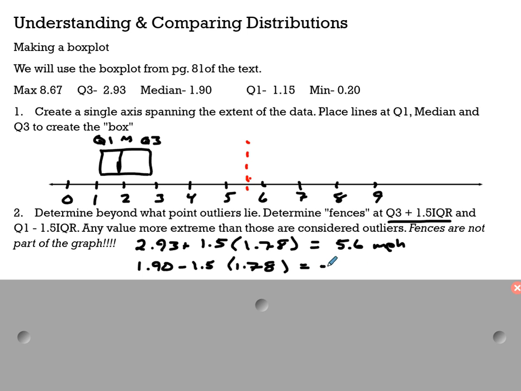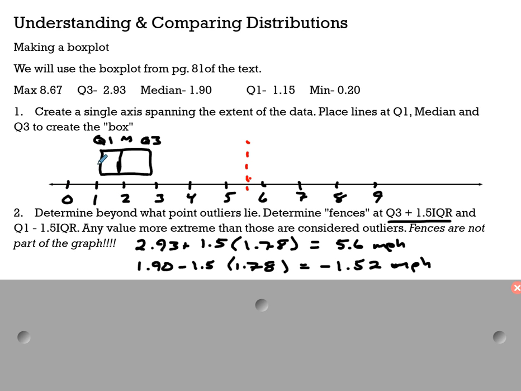So we're not going to have any low outliers, but we do have at least one high outlier. Don't bother putting the fence in because we don't have any negative values. So this is not part of the graph per se, but it's the border of outliers.